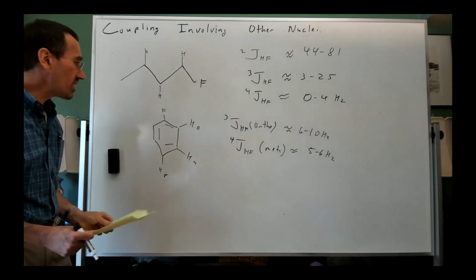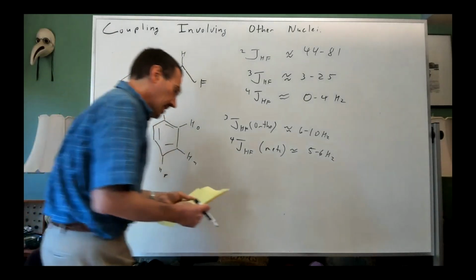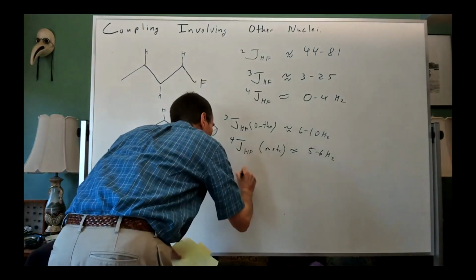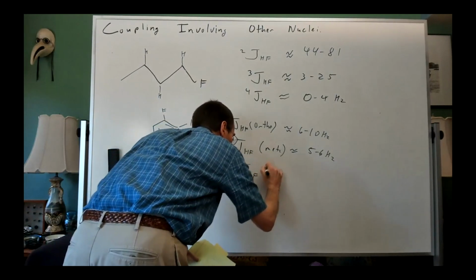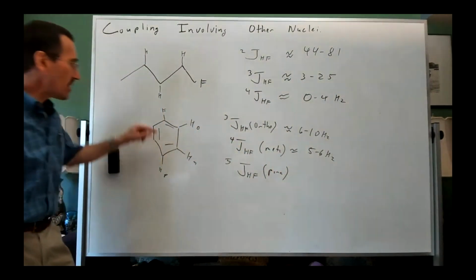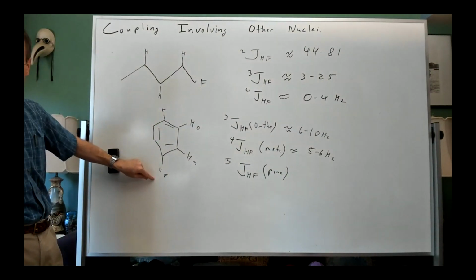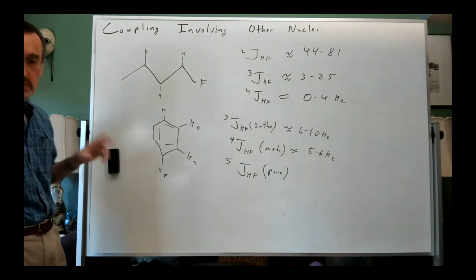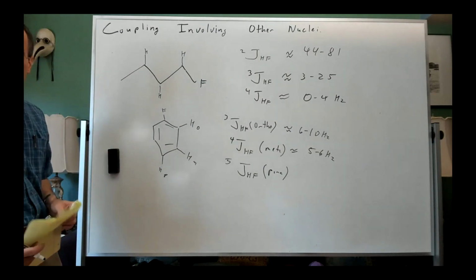I guess the other thing that comes up is the para coupling. Normally I've said for protons, we almost never see a para coupling. In other words, if we have a hydrogen here, we almost never see a para coupling. It's usually less than about 1 hertz, and you tend not to be able to pick that up.